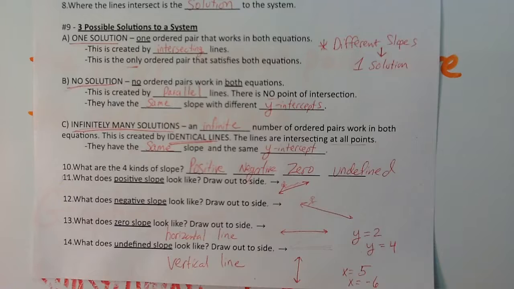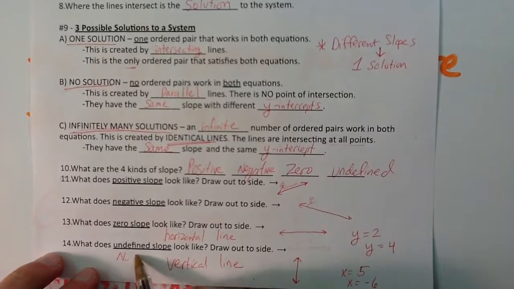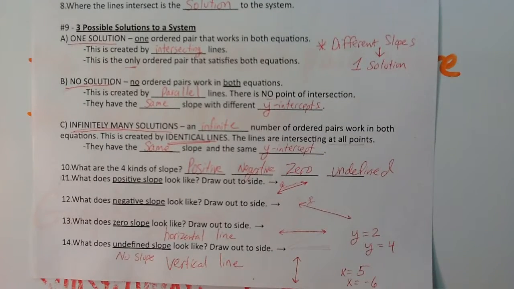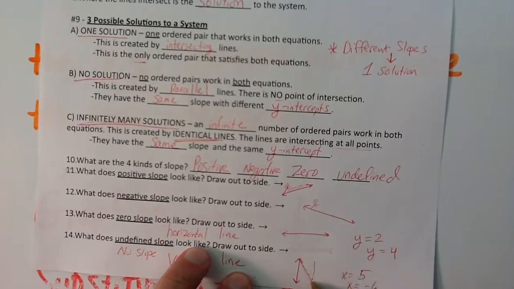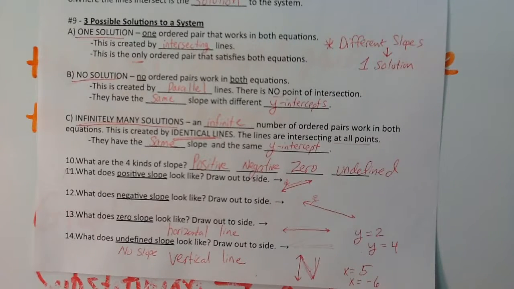A way to remember that this line has undefined slope, or we could say no slope, is that with the vertical line, we can make an N, like this, for no slope. Okay, so those are the notes for page 5 in your binder.